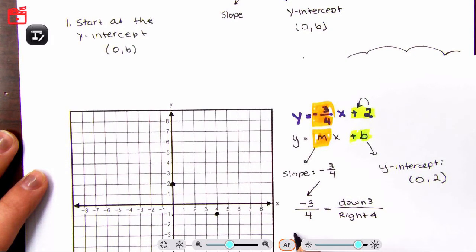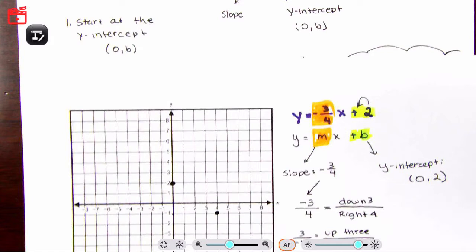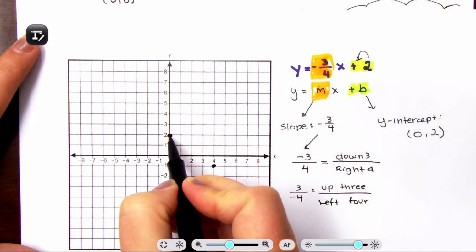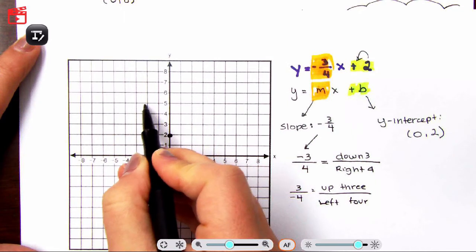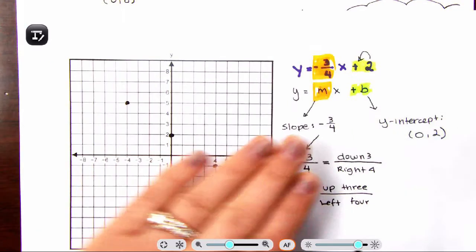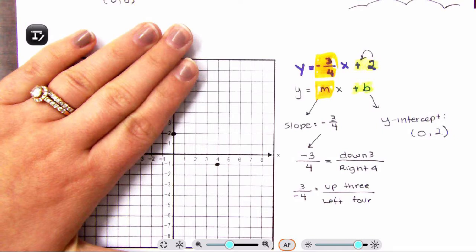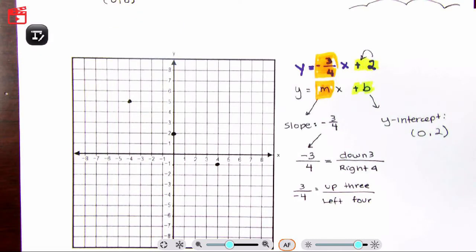If you were to do the negative on the bottom, this would be up 3, left 4. So if we do up 3, left 4 from our original point, up 3, 1, 2, 3, left 4, 1, 2, 3, 4. So you would have these two instead of these 2 points. Okay, whichever one you want.